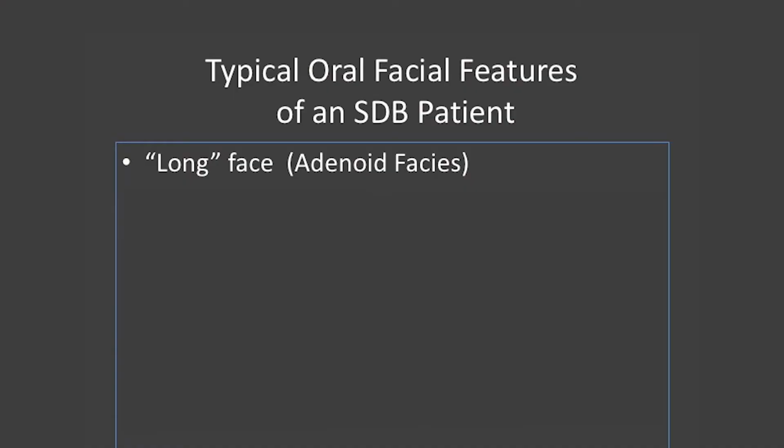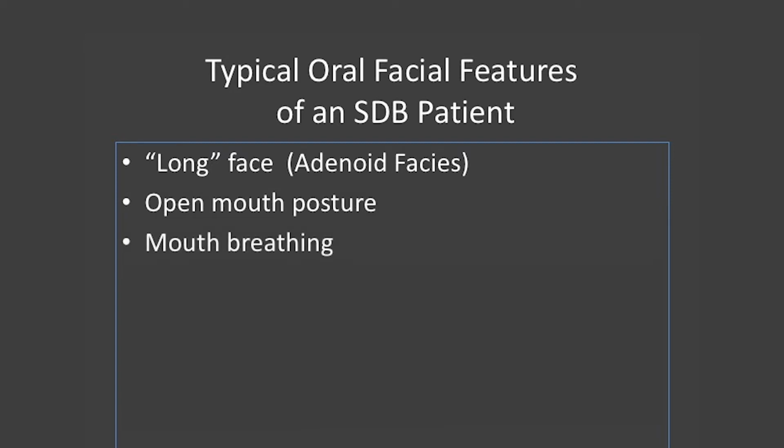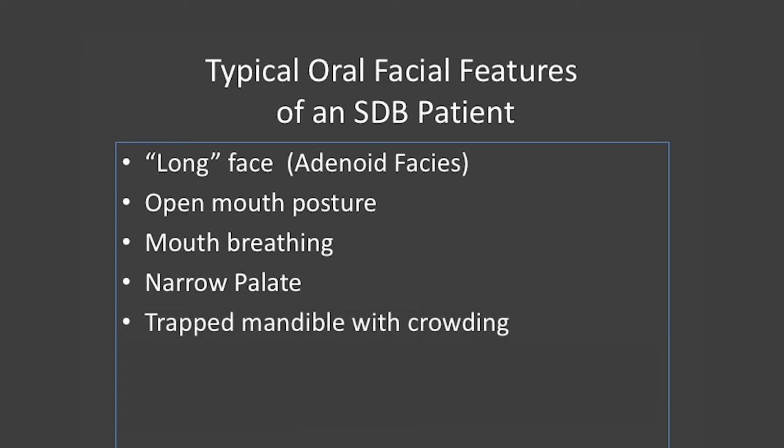And so they developed what became known in this classic article as an adenoid facies. And all that means is, since they couldn't breathe through their nose, they had to breathe mostly through their mouth. So these little monkeys would walk around with their mouth open all the time. They developed extremely narrow palates, so the upper jaw started to go up really high like that. And the mandible was affected, the lower jaw, teeth became crowded.